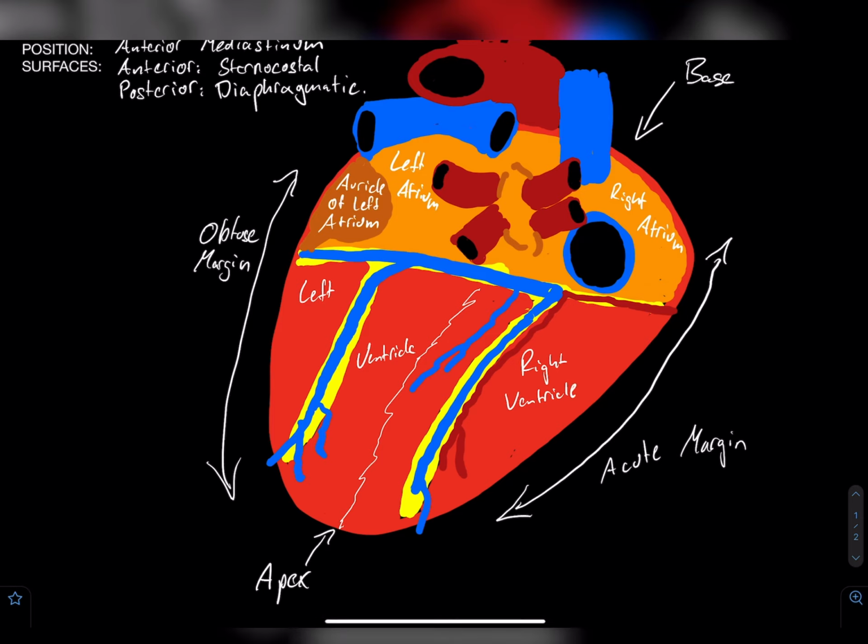Moving on to the big vessels that we can observe on the posterior surface of the heart. They are all our old friends, so nothing new here, just a different perspective. Up here we have the superior vena cava. Down here we have the inferior vena cava.